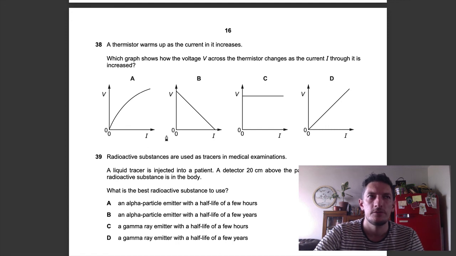Now, because the resistance increases, does the resistance decrease? If the resistance were to decrease, the voltage would decrease. Oh yeah.